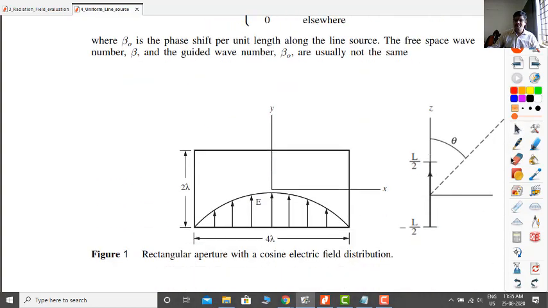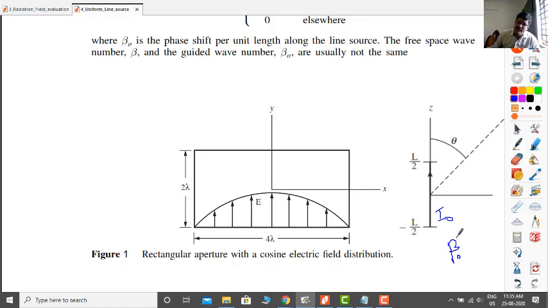So, this is the radiator or wire antenna of length L. Lower end is minus L by 2, upper end is L by 2. And the current is uniform everywhere, that value is I0, whereas the phase shift is included as beta 0. This is a phase shift per unit length along the line source.